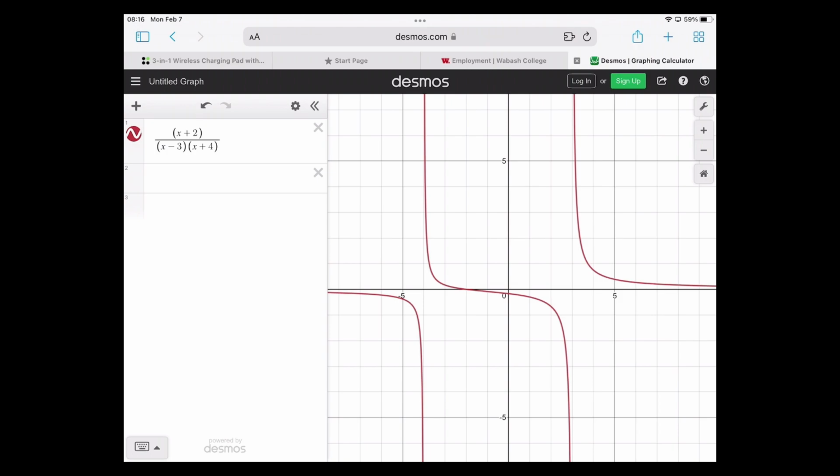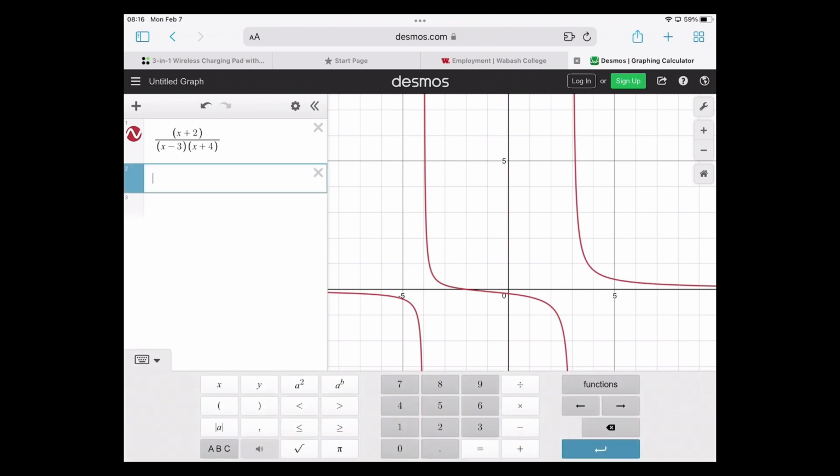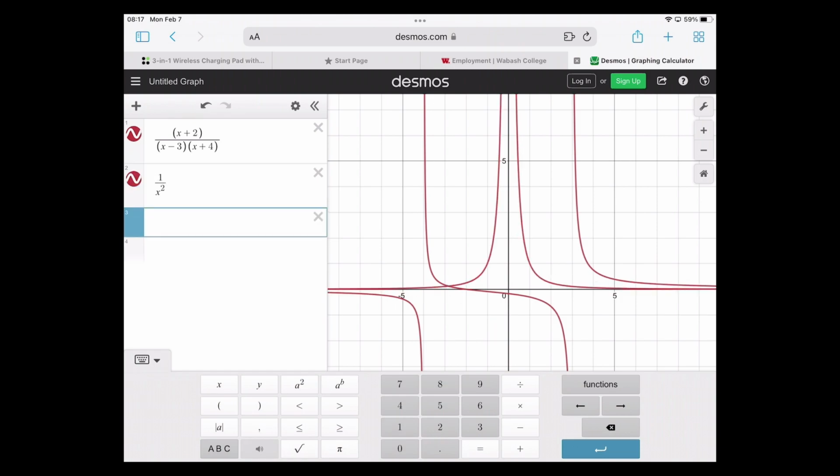Now, is this always going to happen, where it's different on one side of the asymptote versus the other? It did with this function, but is that always going to happen? No. Can we come up with an example where it doesn't happen, or where it goes either both up or both down? We can. I'll just use a real quick cheap one. How about this guy? Let me turn off the other one.